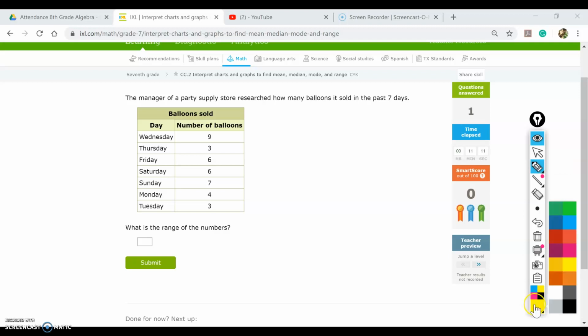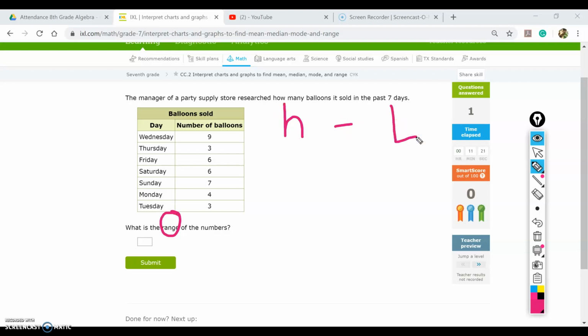If you remember from what I just explained, the range is the difference between the highest number and the lowest number. In this case, the highest number is 9, which is 9 balloons sold on Wednesday, and the lowest number is 3.